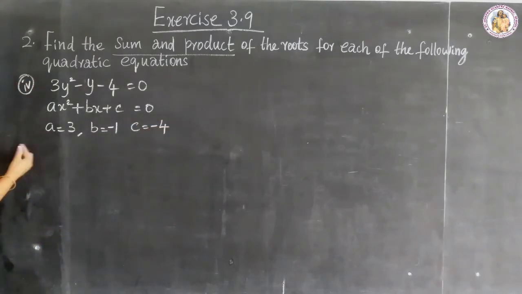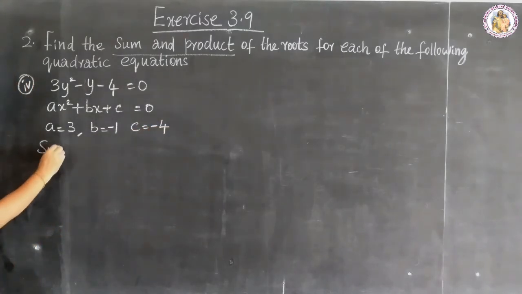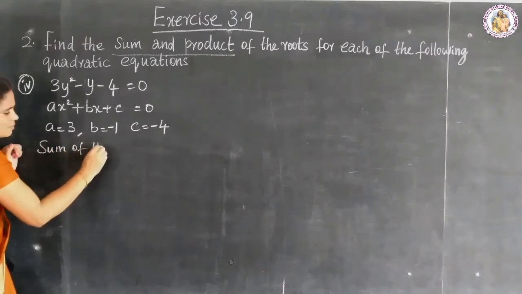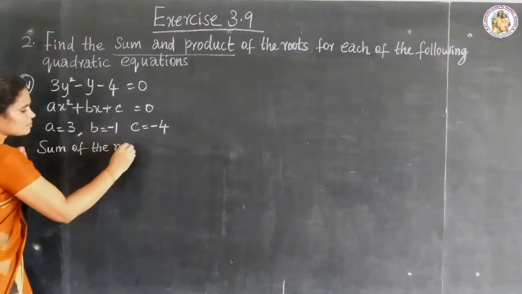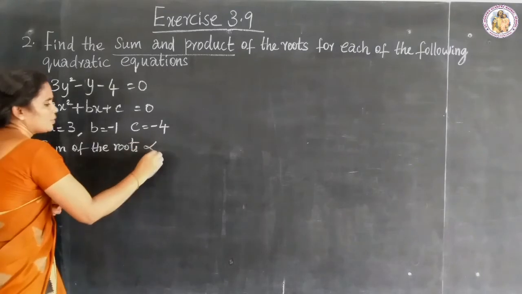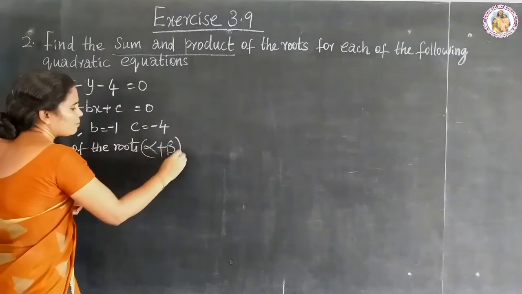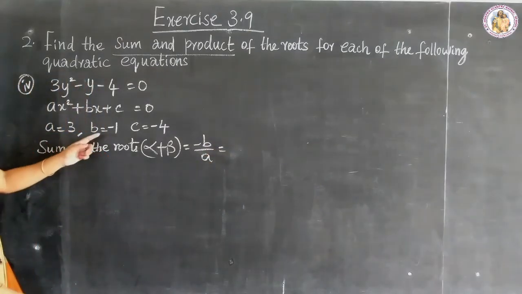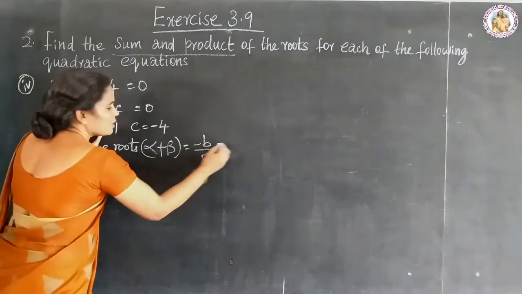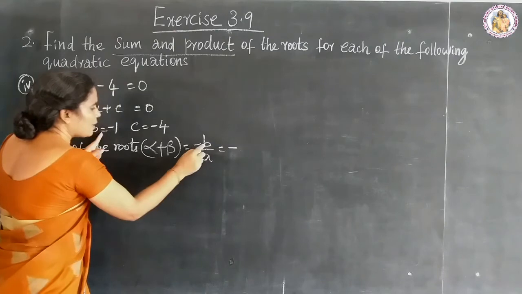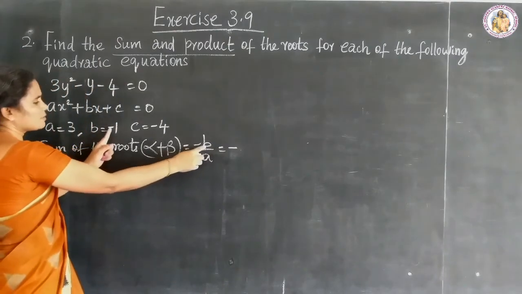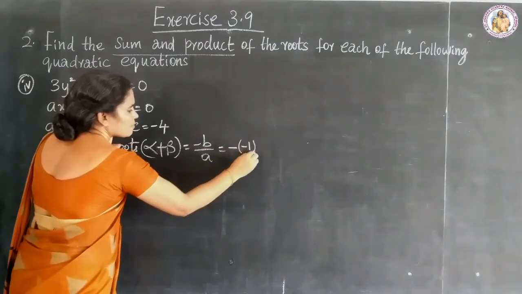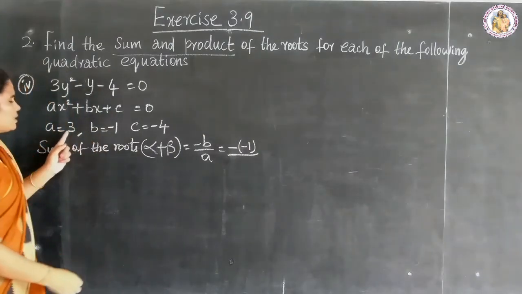Okay. Now sum of the roots is equal to alpha plus beta. Alpha plus beta is equal to minus b by a. Minus b, here we have minus and b is minus 1, by a, a is equal to 3.